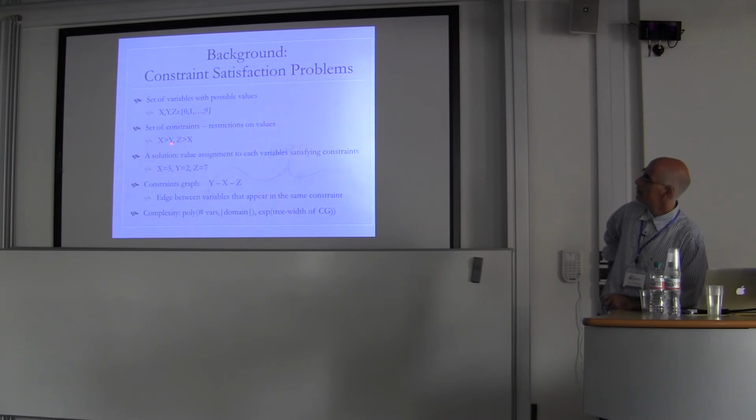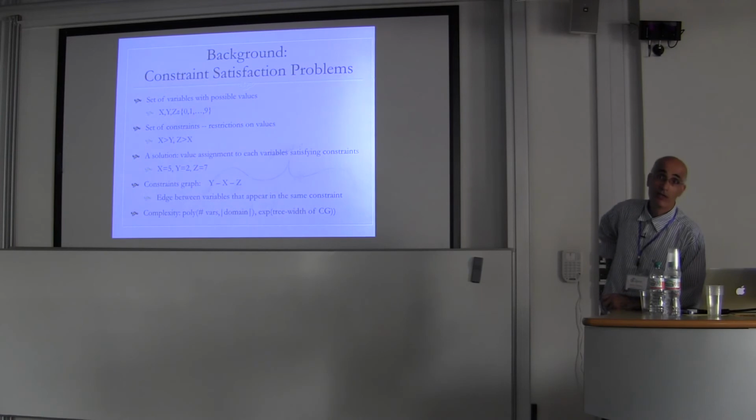For instance, x has to be greater than y and z has to be greater than x. And a solution is an assignment of a value to all of the variables such that the constraints are satisfied. So we have to assign a value from the legal domain to each of the variables, and the constraints have to be satisfied. For instance, x equals 5, y equals 2, z equals 7 satisfies these constraints.